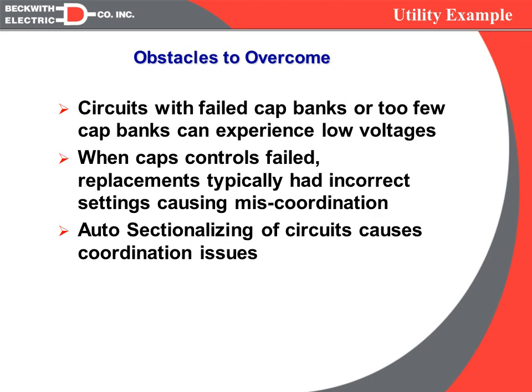And with the voltage control and the time delay sequences, all that was hard-coded for one direction, assuming a radial flow. So they wanted the system to still be just as functional and beneficial, even if it was switched in an abnormal condition.